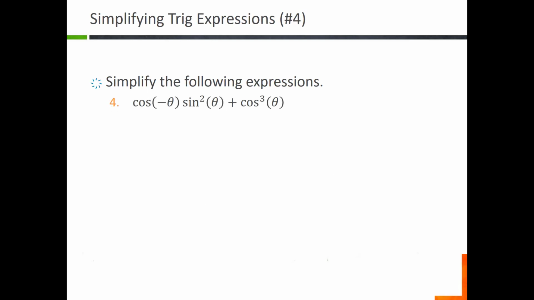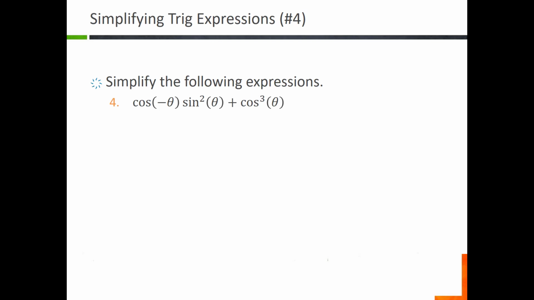All right, let's try another example here. So we have our fourth example, which is the cosine of negative theta times the sine squared of theta plus the cosine cubed of theta. So right off the bat, first thing we should see is this negative. Okay, we're just trying to simplify this expression, but this is the only thing that has a negative on it. Okay, the other trig functions all just have a regular theta.